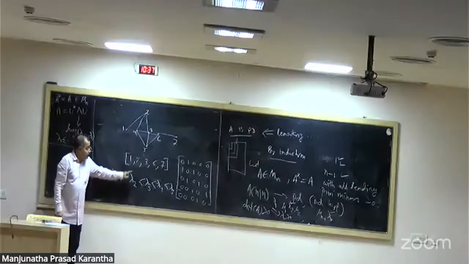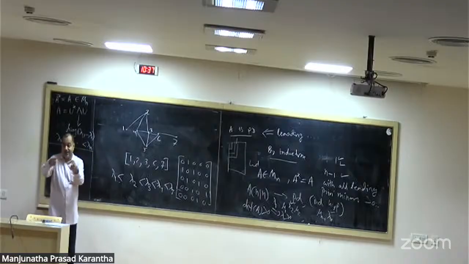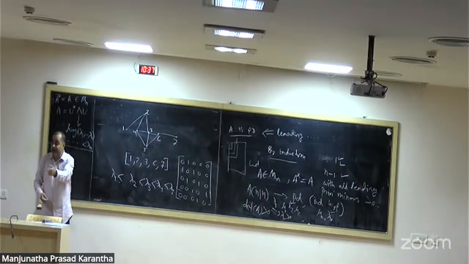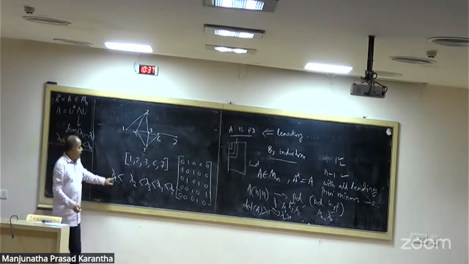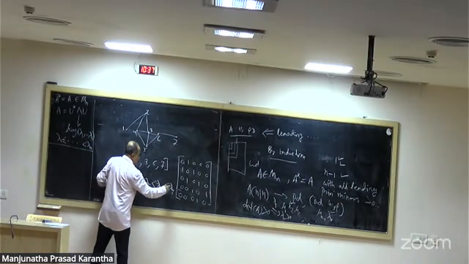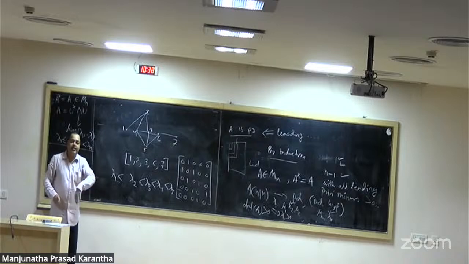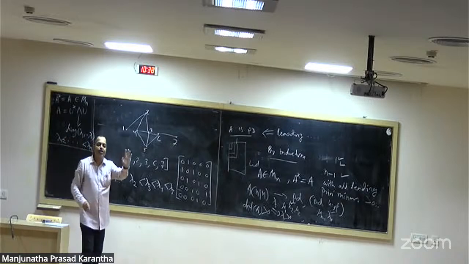If we show that this is so, and because this is a submatrix, I can apply the Cauchy interlacing theorem. It will follow that the bigger matrix will have one eigenvalue here, one here, one here, one here, one here, and so they will be distinct. At least 5 distinct, and that will continue.